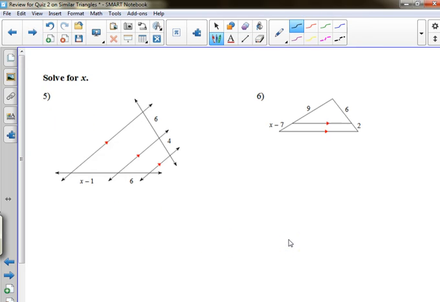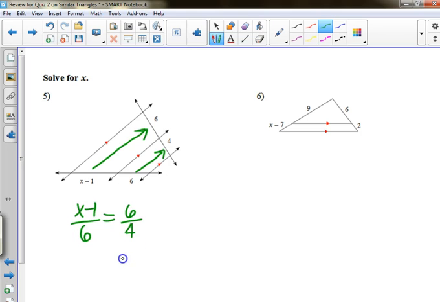Oh, excellent. Number 5 is straight across again. We can do x minus 1 over 6 equals 6 over 4. The only thing tricky about this one is a little more algebra. So if we do 4 times the quantity x minus 1 and set it equal to 6 times 6, which is 36, we have to remember to distribute.